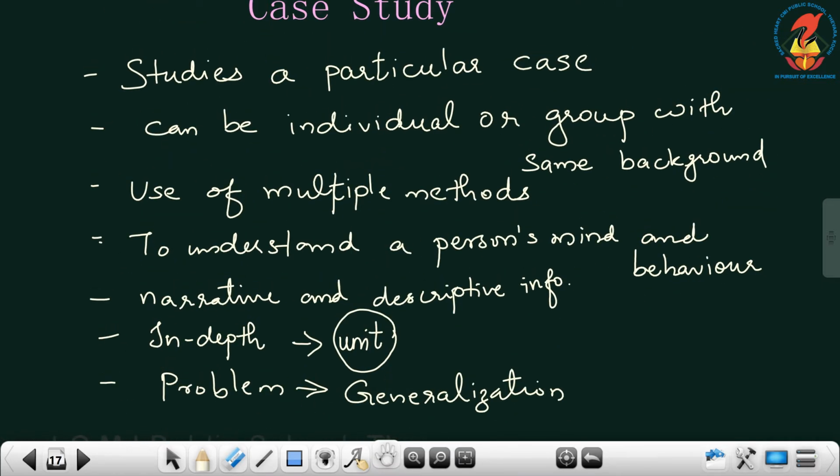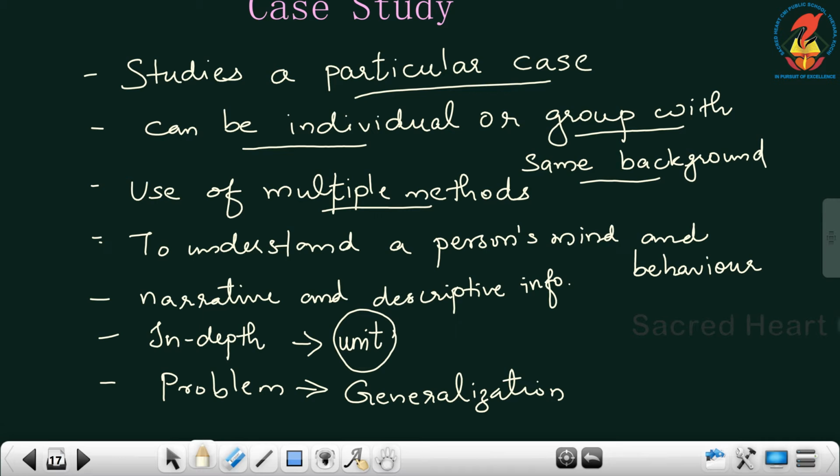So, case study studies a particular case. It can be of an individual or a group with the same background, and we can use multiple methods in case study: observational, survey, then psychological testing, etc. Here in case study we try to understand a person's mind and behavior and the mental processes of a particular person, and it provides narrative and detailed descriptive information.